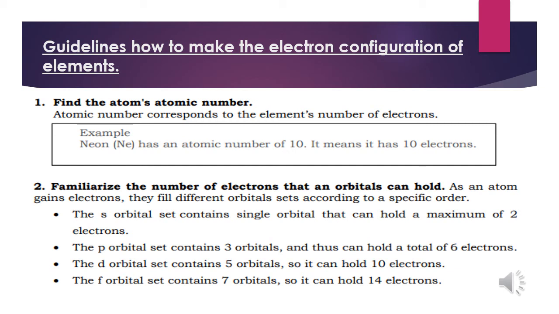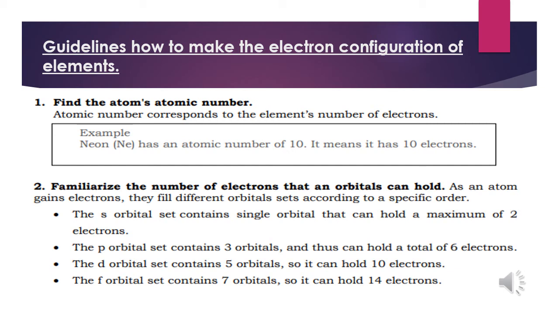Number 2. Familiarize yourself with the number of electrons that an orbital can hold. As an atom gains electrons, they fill different orbital sets according to a specific order. The s orbital set contains a single orbital that can hold a maximum of 2 electrons.